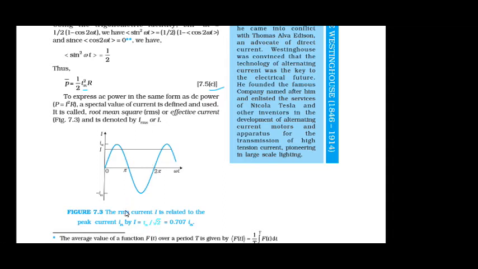Now in the graph we can see the RMS current I is related to the peak current Im by I is equal to Im upon root 2, or 0.707 Im.